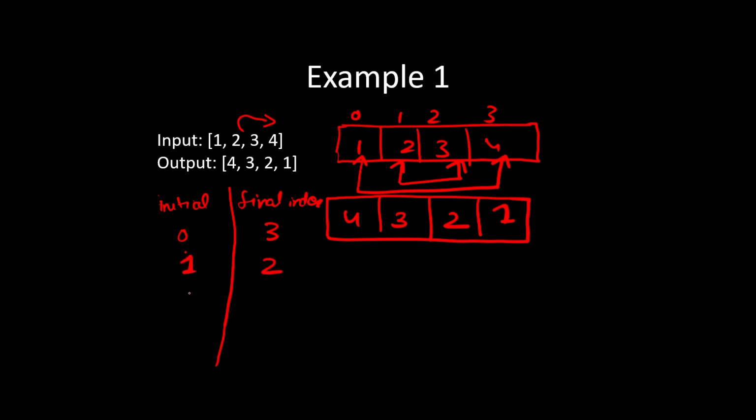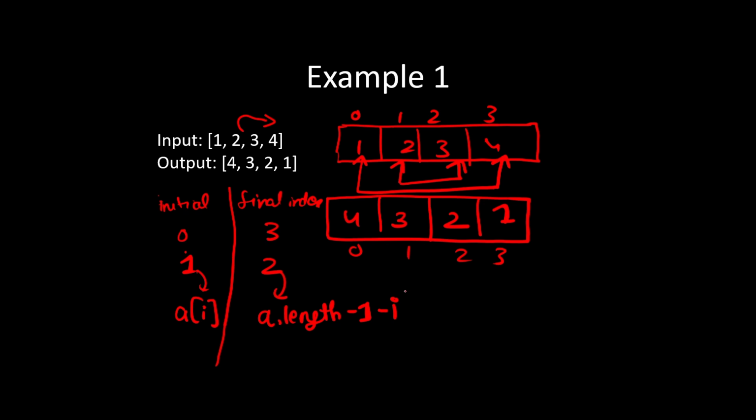You can observe that as we traverse from 0, 1, 2, 3, for the element a[i], the index to swap with is a.length minus 1 minus i.